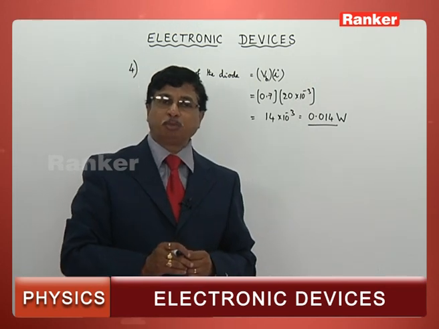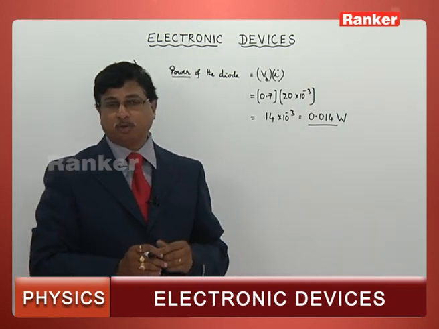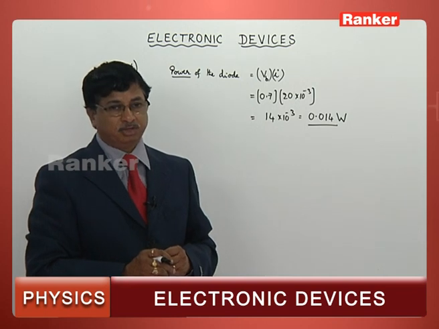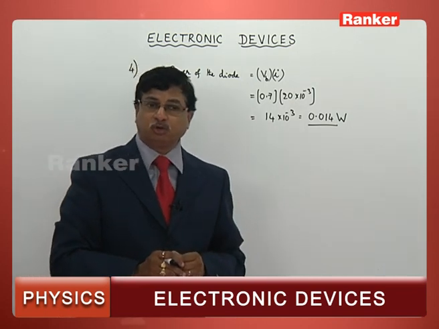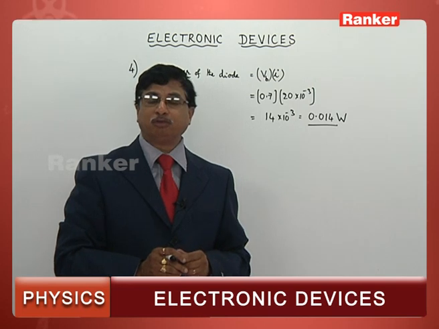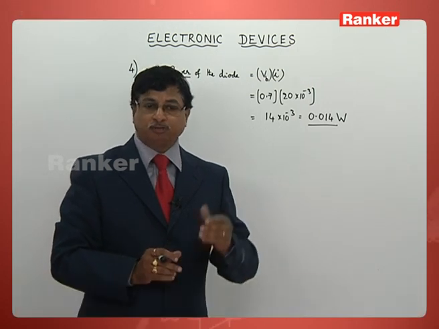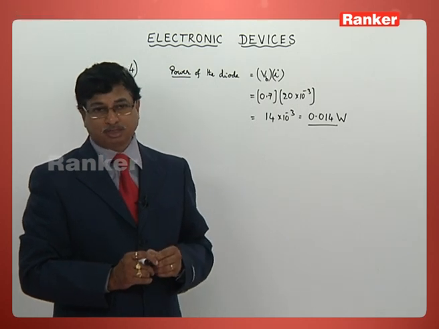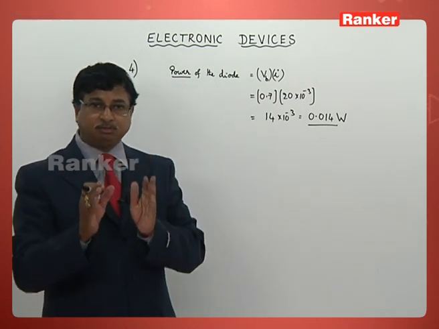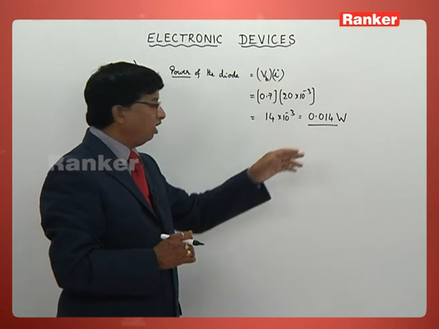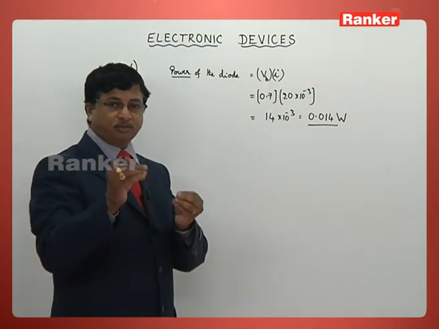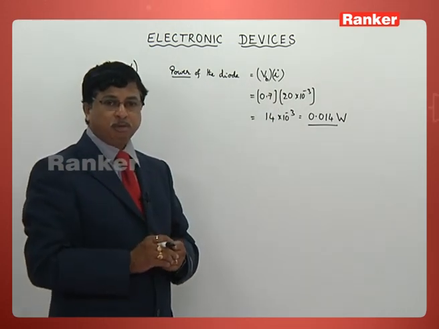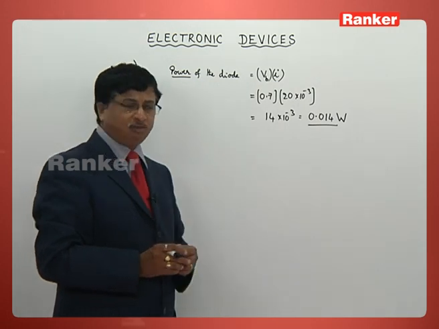The second option is 4.6 watt and 0.14 watt. The third option is 0.46 watt and 0.14 watt. The fourth option is 46 watt and 14 watt respectively. Since I have solved the second part of the question, I can almost guess that the first option must be correct. But let us calculate the other one also.